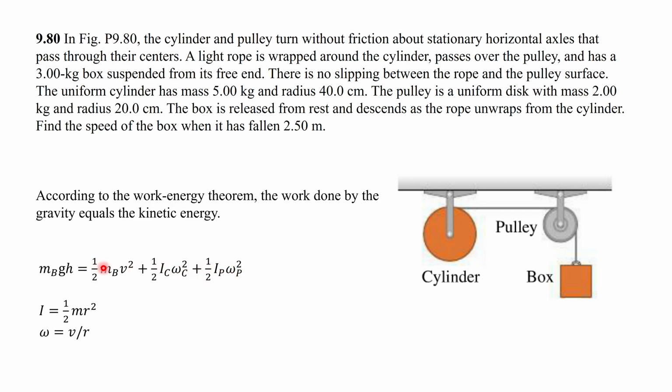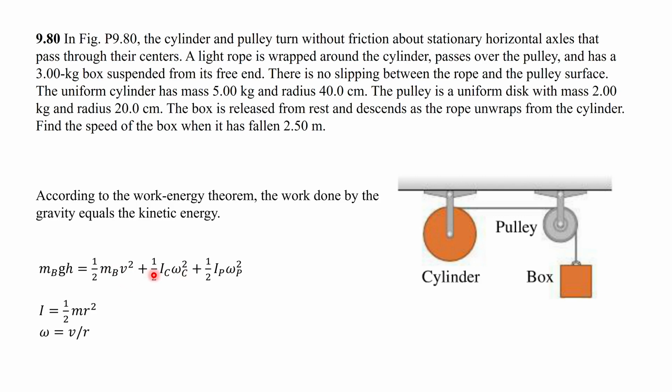For the box, since the box is moving down, the kinetic energy is easy. This is 1/2 mass times the speed squared. But for the cylinder and the pulley, this is not a linear motion. They are doing circular motion. So for the circular motion, the kinetic energy is defined in this way: 1/2 times the moment of inertia times the angular velocity squared.